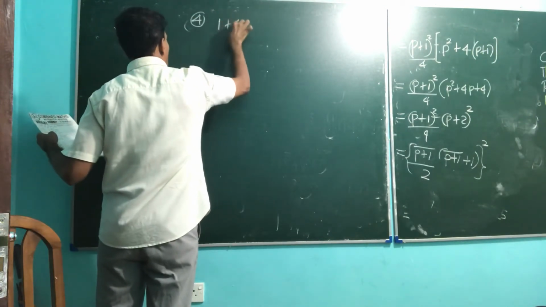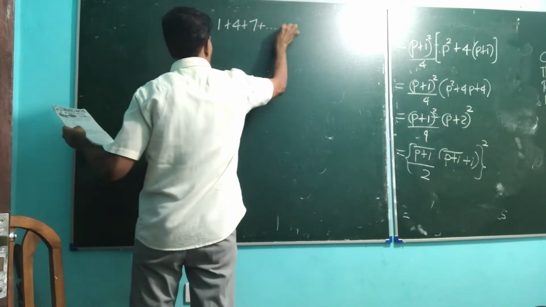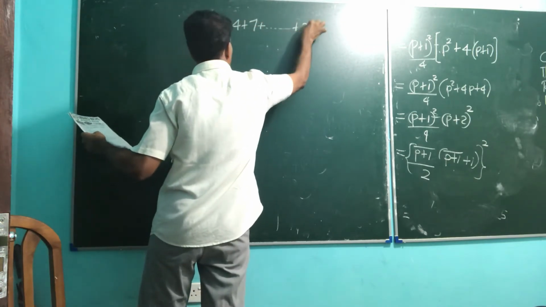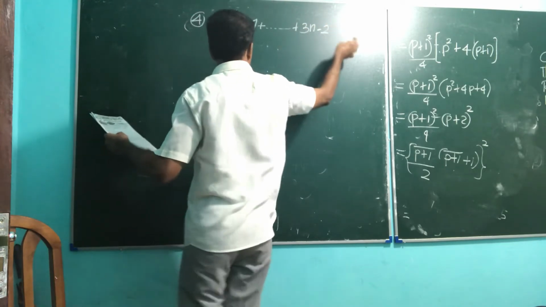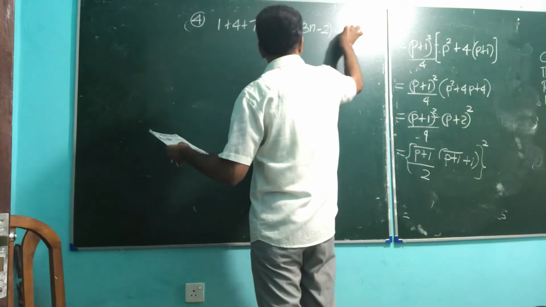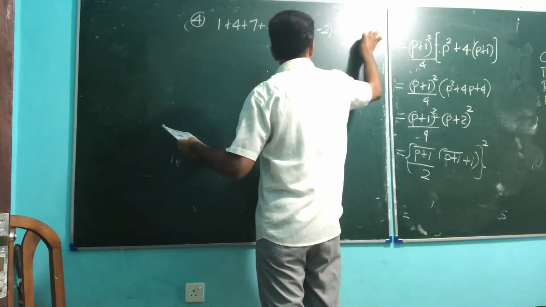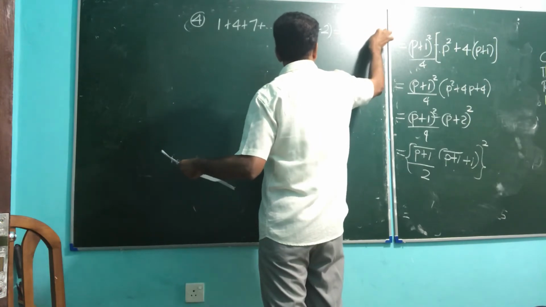1 plus 4 plus 7 and up to 3n minus 2. This answer is half into n (3n minus 1).